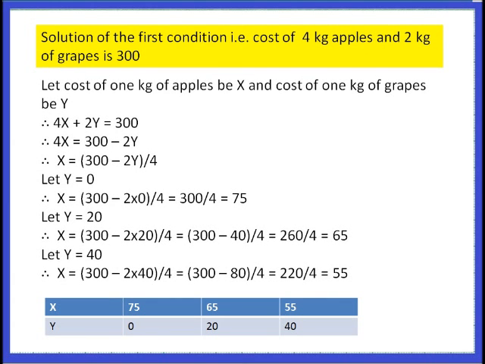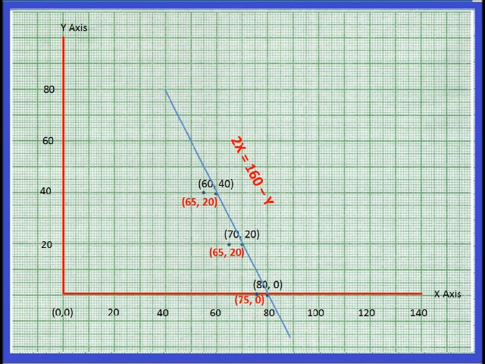When we arrange these three sets of values in a table, we find x is equal to 75 for y is equal to 0, x is equal to 65 for y is equal to 20, x is equal to 55 for y is equal to 40. Now mark the three sets of values on the graph, which are shown by red color.